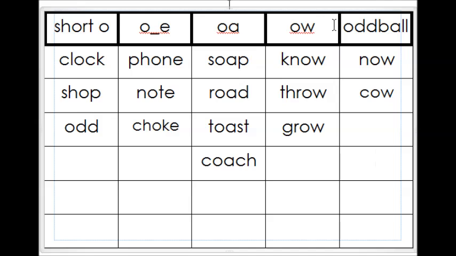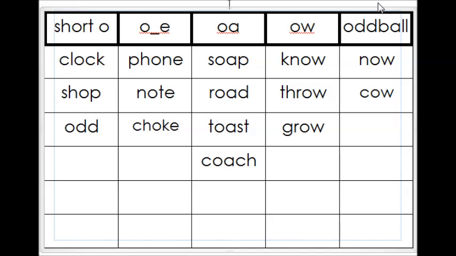Now here is a common way to make a long O. So OW at the end of our syllable here is making the long O sound. So N, O, thr, O, gr, O. At the end of the syllable this week, OW makes the long O sound.